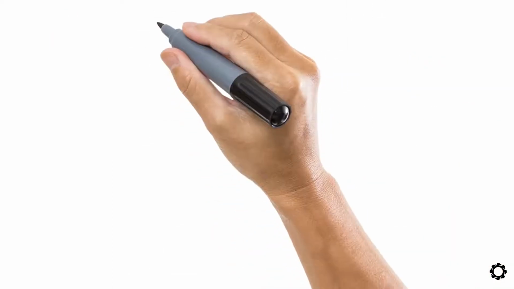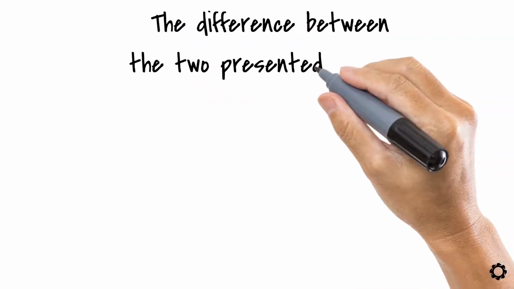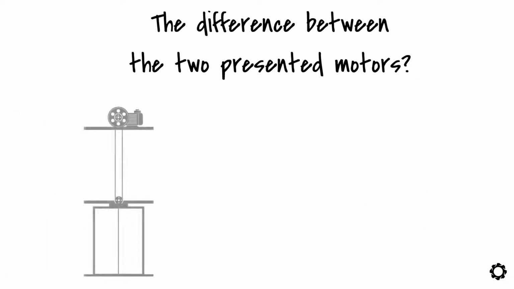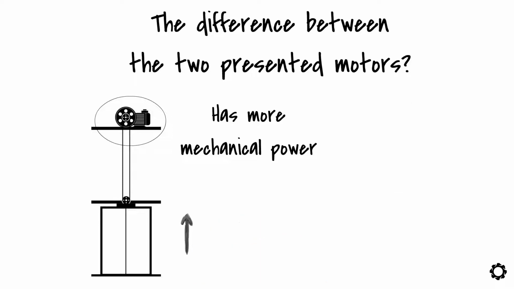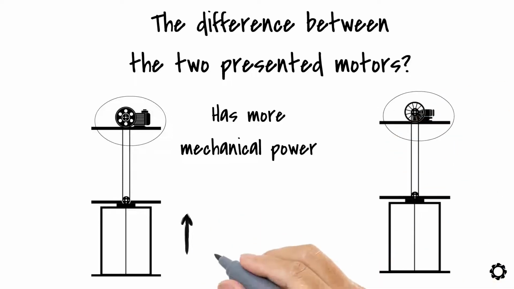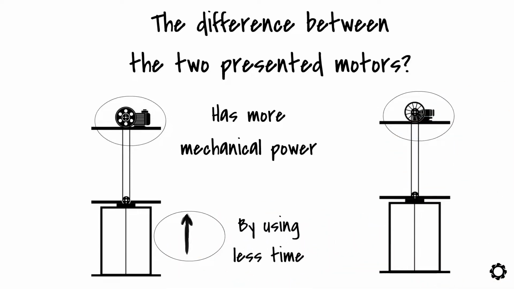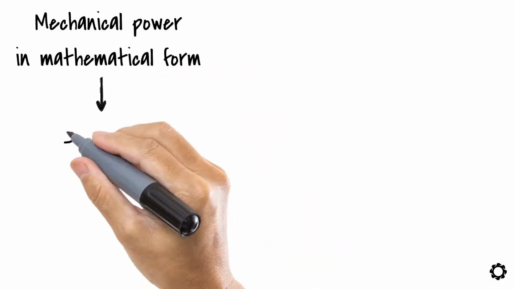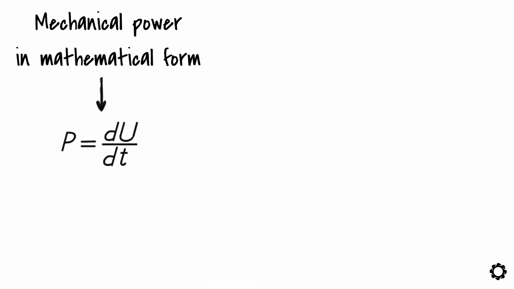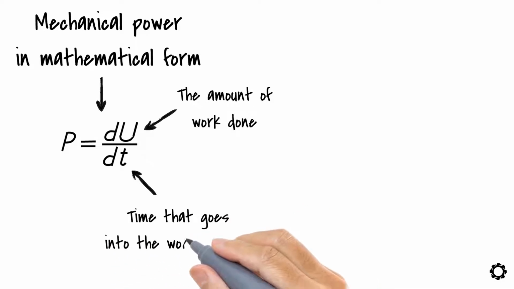What does this tell us about the difference between the two presented motors? It tells us that this modern electric motor has more mechanical power to lift the elevator than the ordinary one because it is doing the same work by using less time to do it. We can express this mechanical power in mathematical form as follows. P = dW/dt, where dW is the amount of work done and dt is the time that goes into the work process.